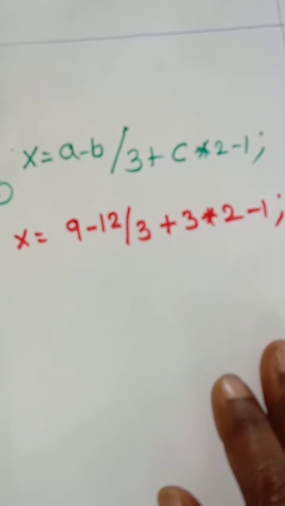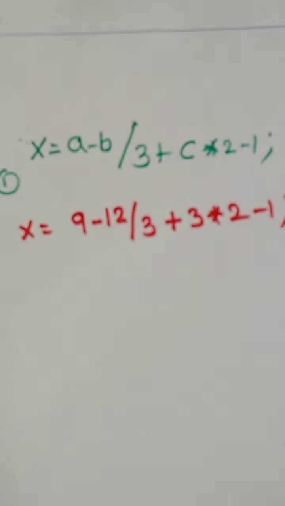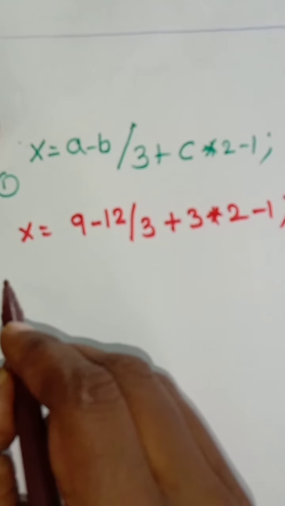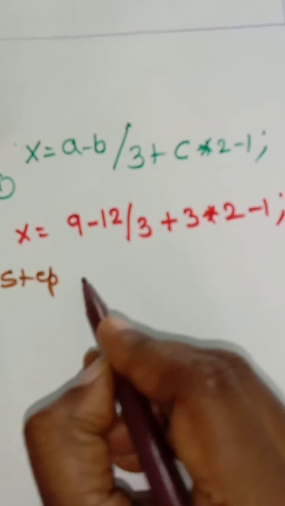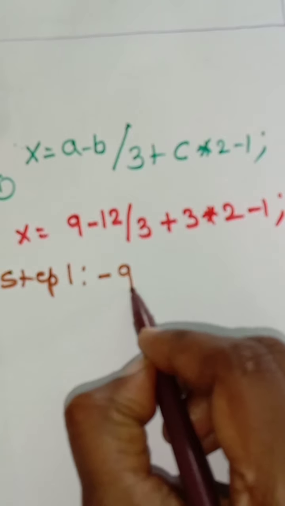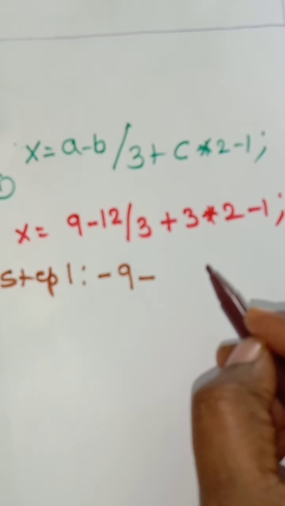After executing this, how are you going to solve this expression? What is your step 1? Step 1 is, 9 you write as it is, because minus and plus are the lowest priority.